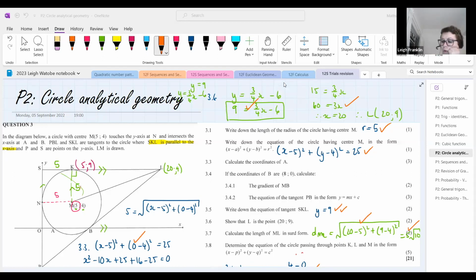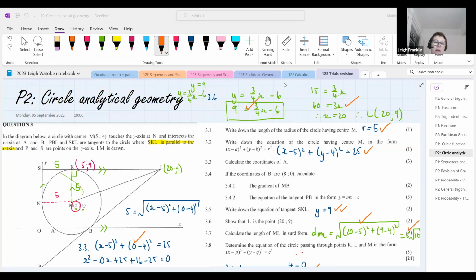All right, so I want you to look at the diagram and give me some ideas as to how you think we would start to answer this question. What I've got on the diagram should give you some good hints. So you're looking at K, L, and M, and the circle needs to pass through those points.